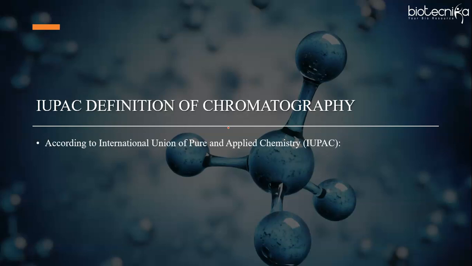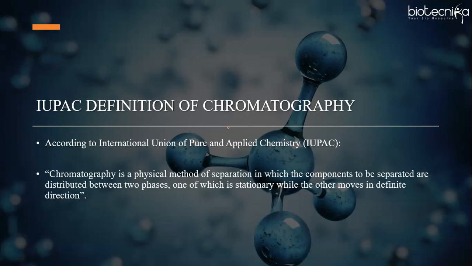According to the International Union of Pure and Applied Chemistry, chromatography is defined as a physical method of separation. It's a separation technique in which the components to be separated are distributed between two phases. At its core, chromatography relies on differential distribution of components between two phases: one is the stationary phase and the other is the mobile phase that moves in a definite direction.